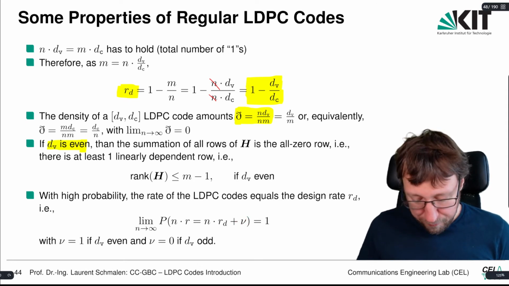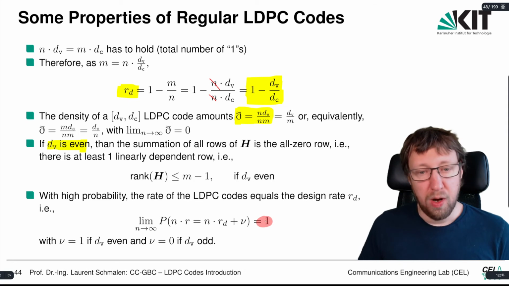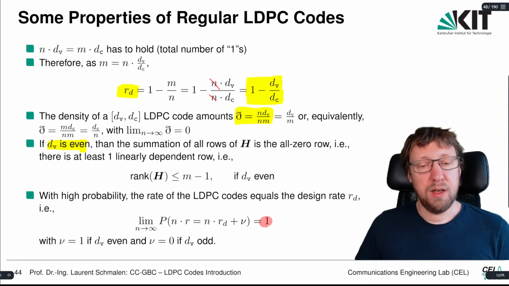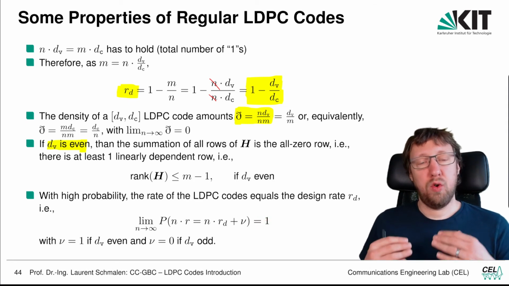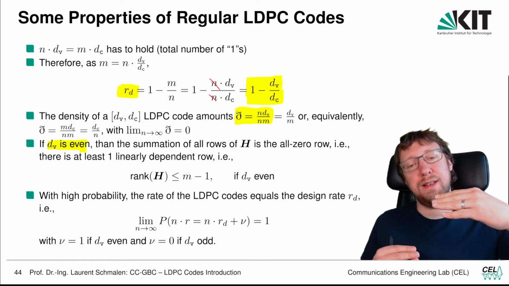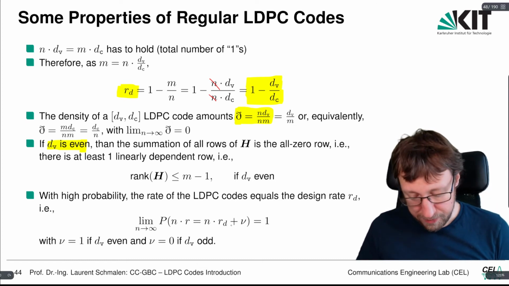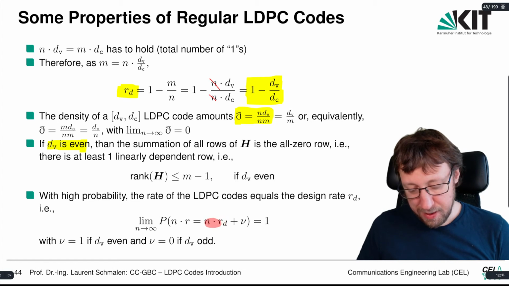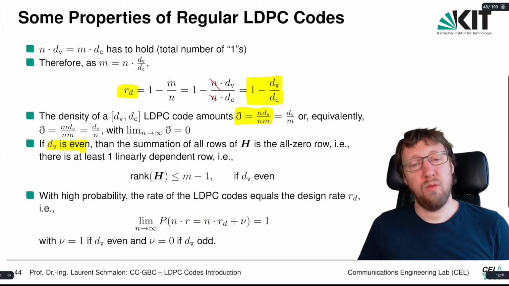So the real rate is larger than the design rate: the design rate times the number of bits in the code plus 1.